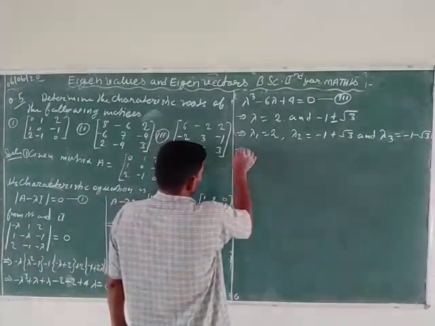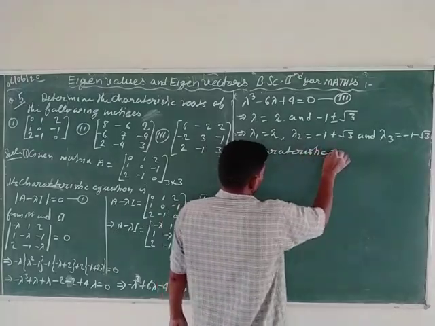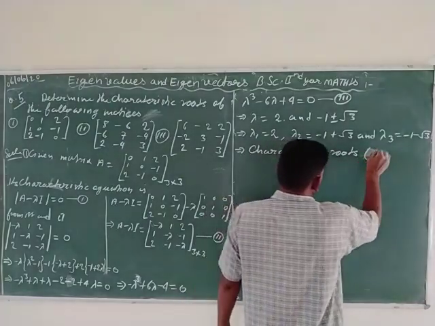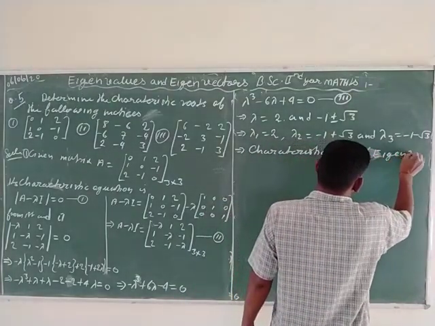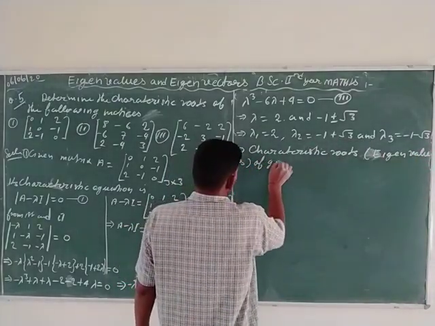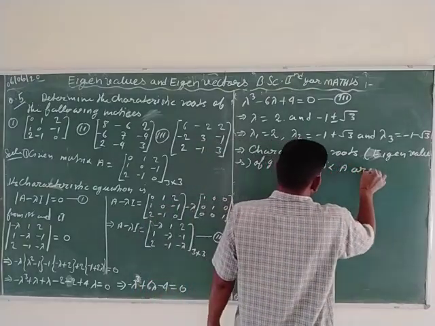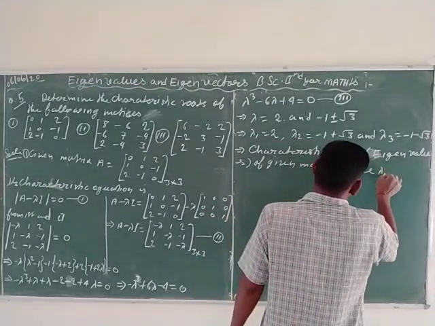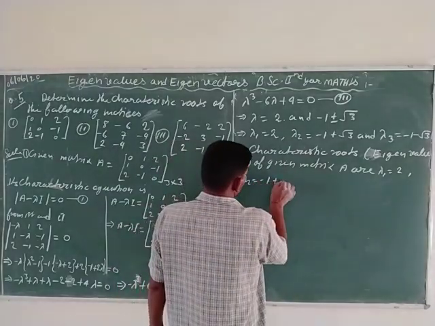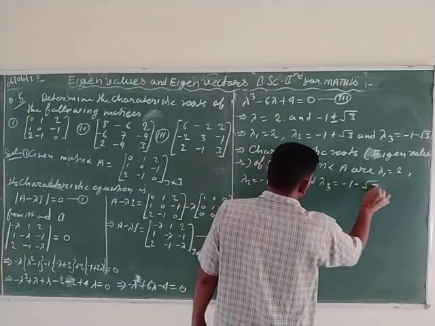Therefore, it is implied that the characteristic roots, or in brackets eigenvalues, of the given matrix capital A are lambda 1 is equal to 2, lambda 2 is equal to minus 1 plus under root 3, and at last lambda 3 is equal to minus 1 minus under root 3.